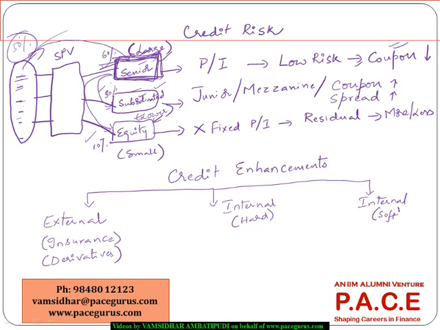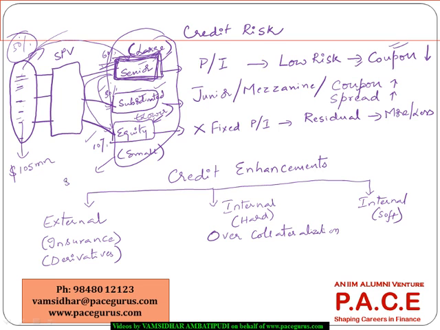In terms of internal credit enhancement, we are talking about overcollateralization. Means if the loans are worth 105 million, probably the face value of all these bonds issued is only 100 million. Means even if 5 million is getting defaulted, still no loss occurs to these groups.